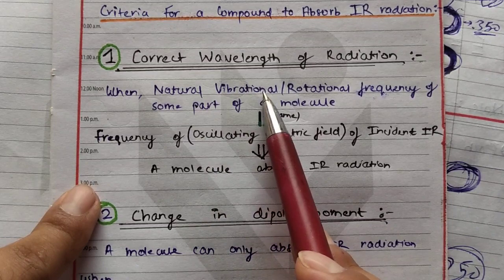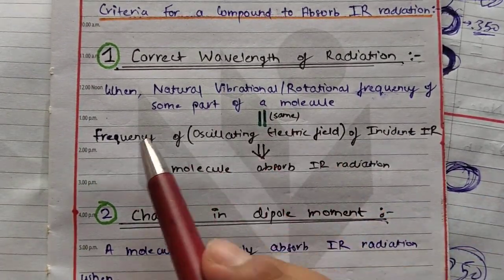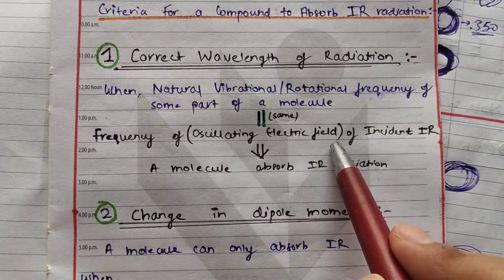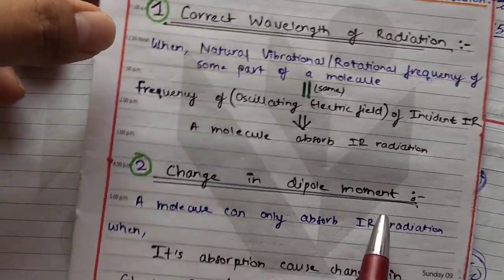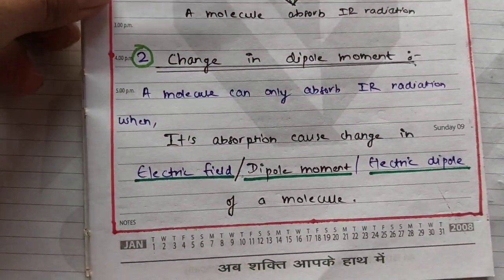The natural frequency, vibrational or rotational, of some part of a molecule must match the frequency of the oscillating electric field of the IR; only then does the molecule absorb the IR radiation. Second is a change in the dipole moment. This means they already have some dipole moment that is changing.